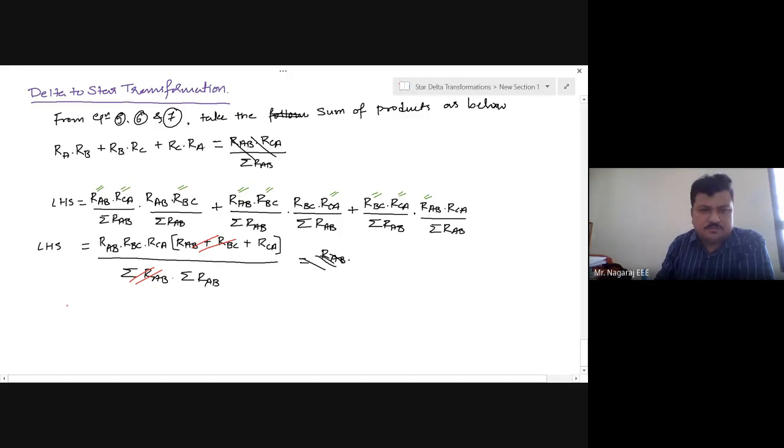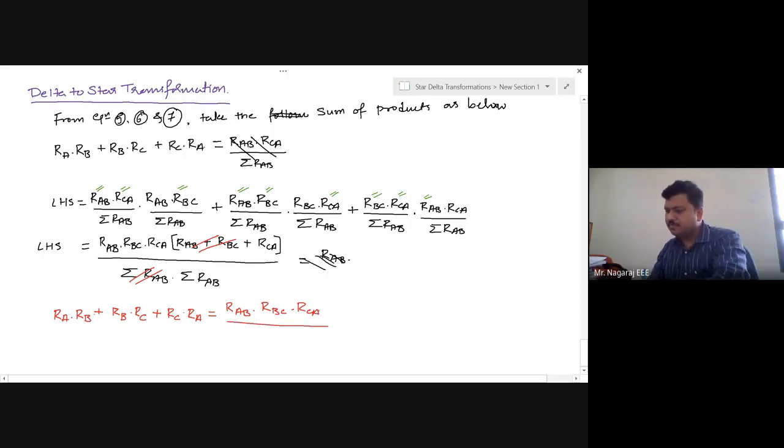So what is left is RA into RB plus RB into RC plus RC into RA is equals to RAB into RBC into RCA divided by summation RAB. Divided by summation RAB. Now observe.